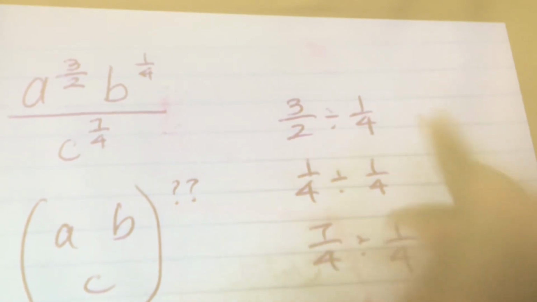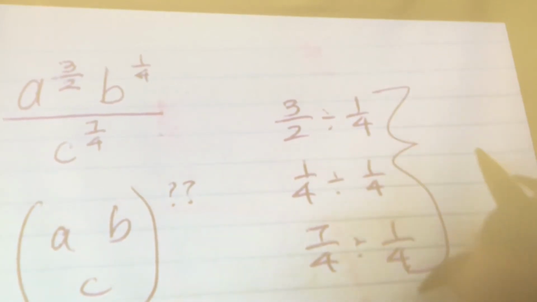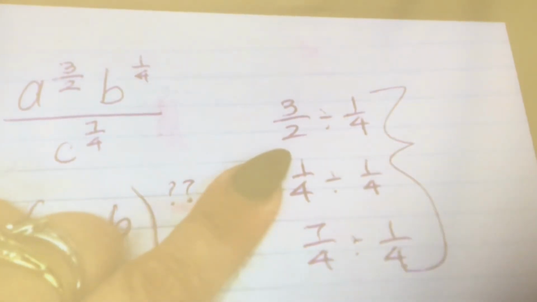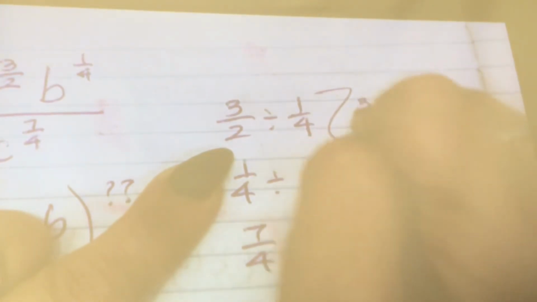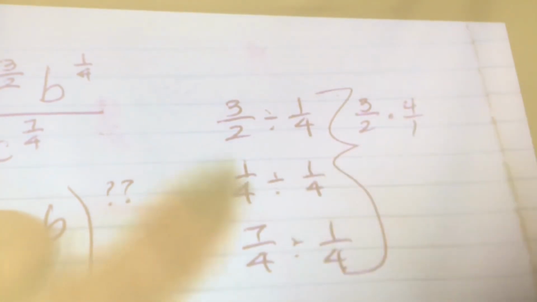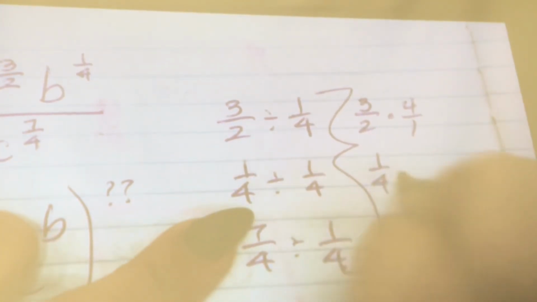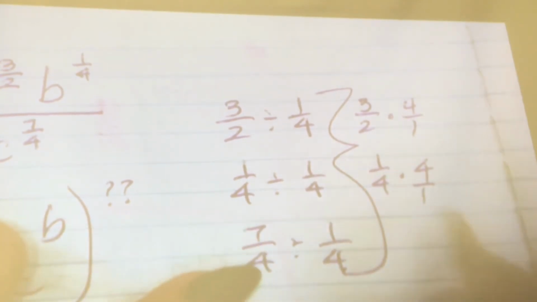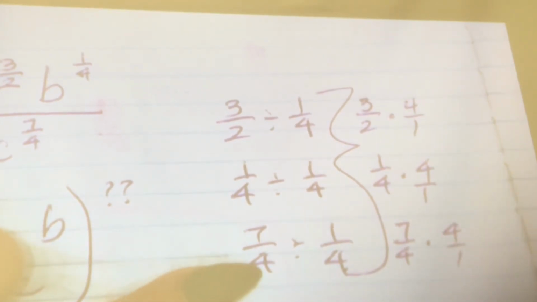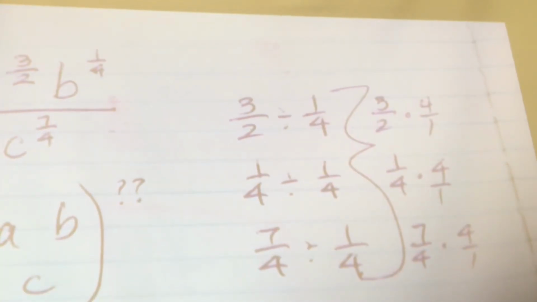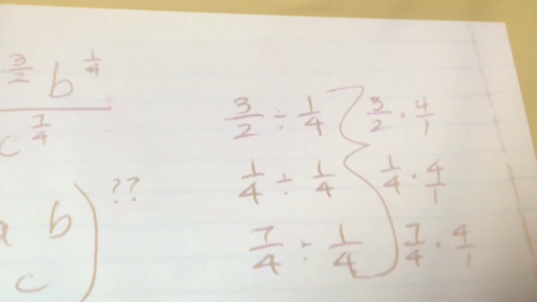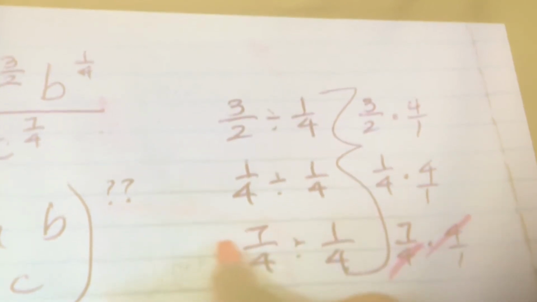You will not need a calculator for this because you know how to multiply fractions. This is the same thing as 3/2 times 4/1. This is the same thing as 1/4 times 4, or 4/1. And this is the same thing as 7/4 times 4/1. So for here, these go away and you're left with just 7.